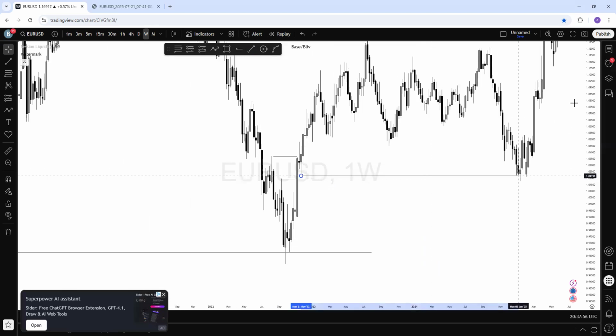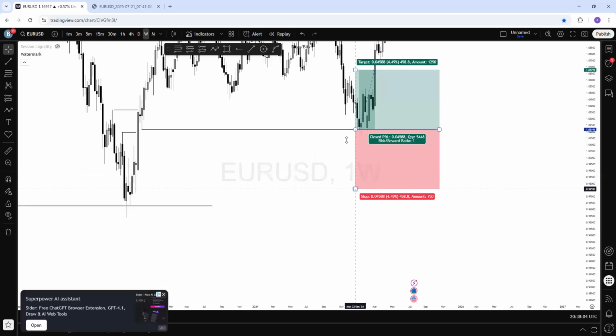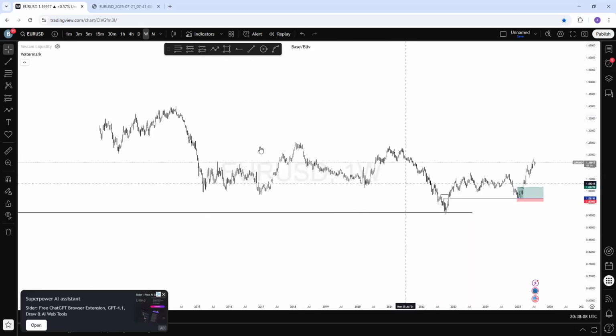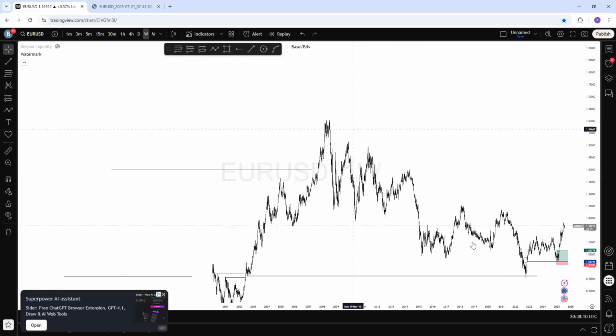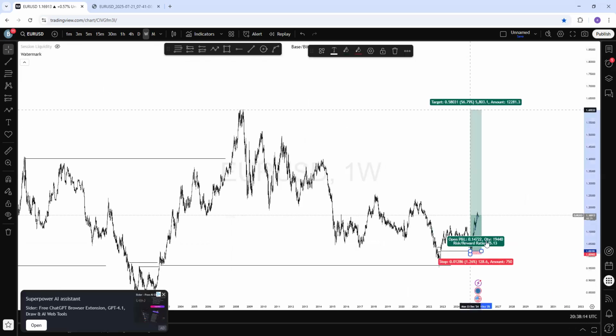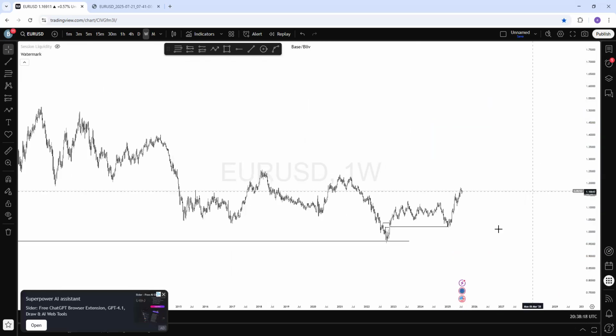Market eventually came back there to take it out, and we got ourselves a buy entry somewhere around here. We'll be targeting the major points. I'm not a swing trader, I don't think I can hold this trade for a very long time. So now we are done with that aspect.